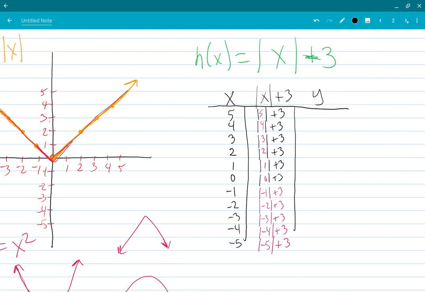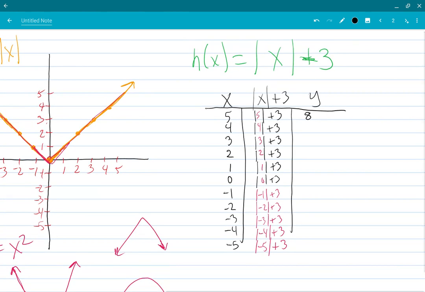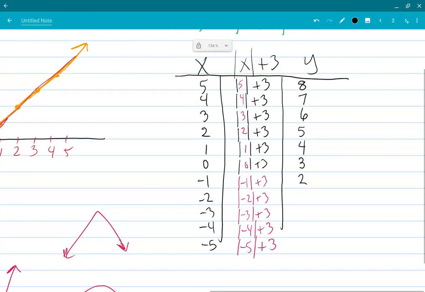All right, 5 plus 3, 8. 4 plus 3, 7. 3 plus 3, 6. Oh, looks like it's going down by 1. I can almost stop thinking, right? Watch, I'm going to stop thinking. You tell me where I went wrong. Tell me where I went wrong. It's -2. Let's see.